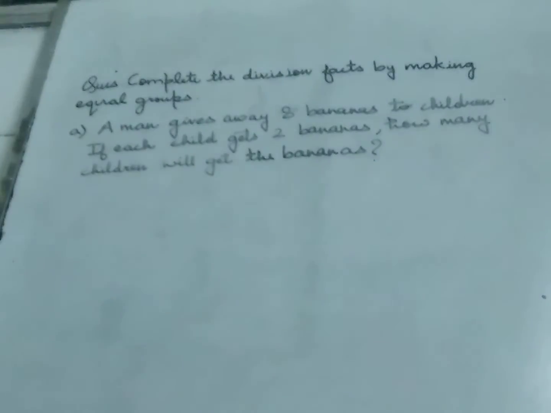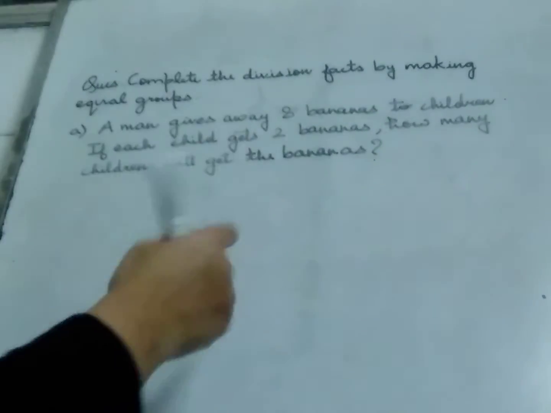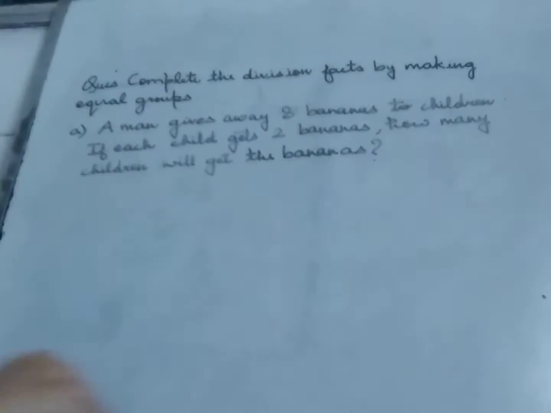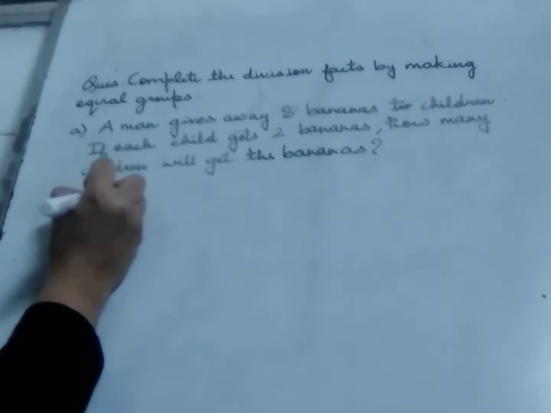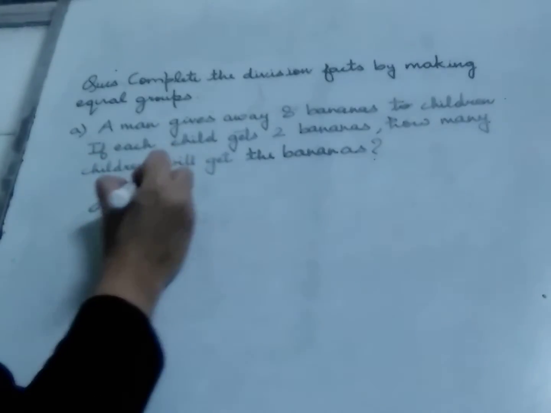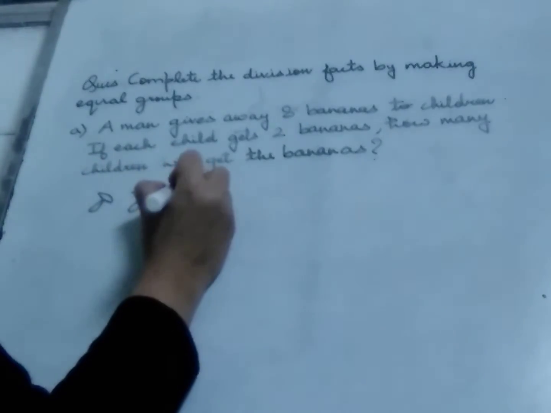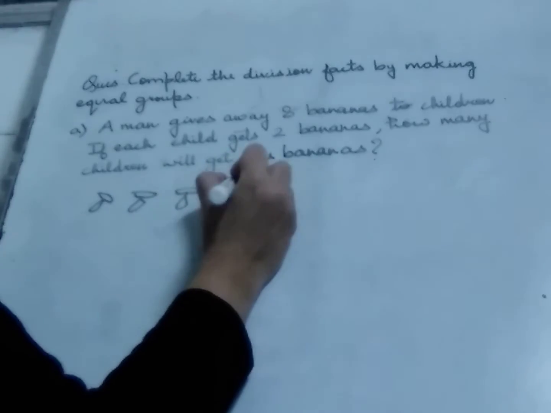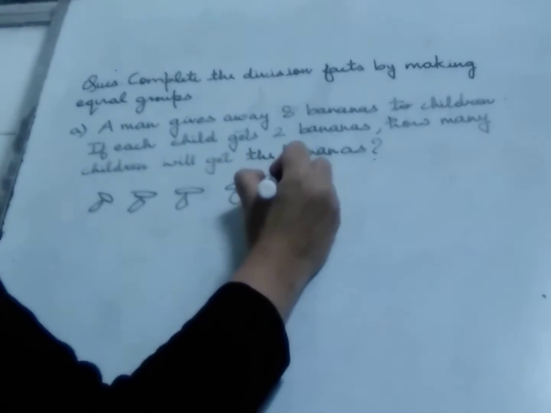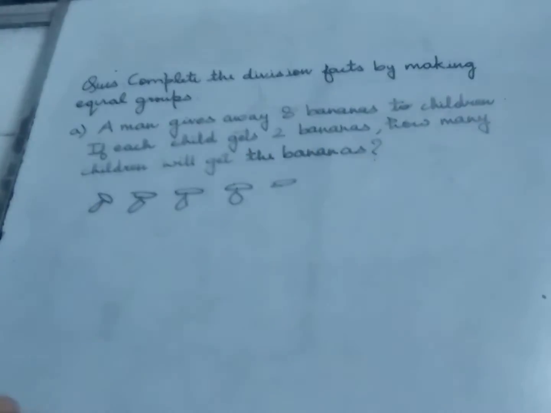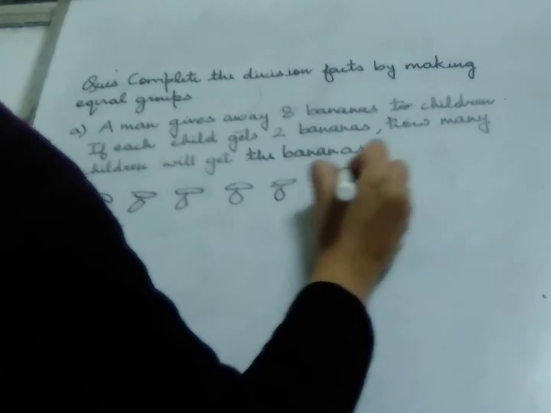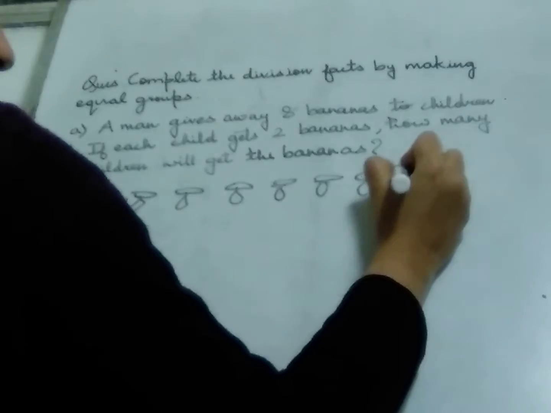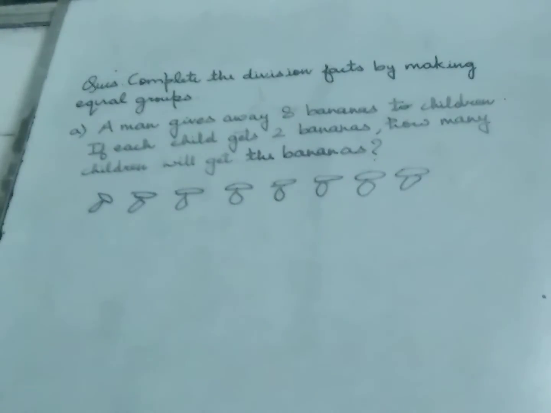So first of all, to do this, a man gives away 8 bananas. Make a picture of 8 bananas. So number 1, number 2, number 3, number 4, number 5, number 6, number 7 and number 8.